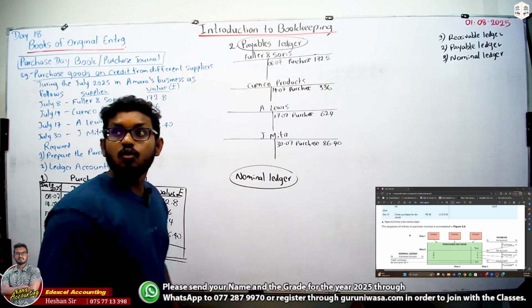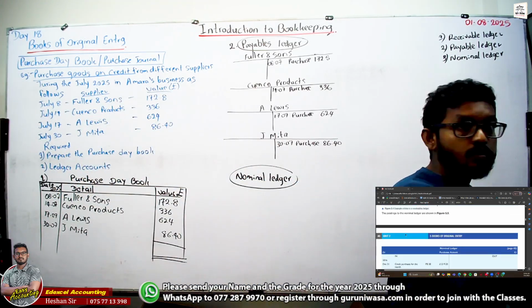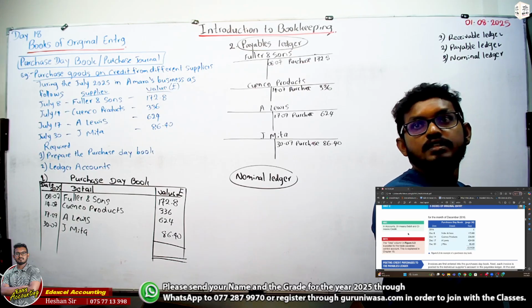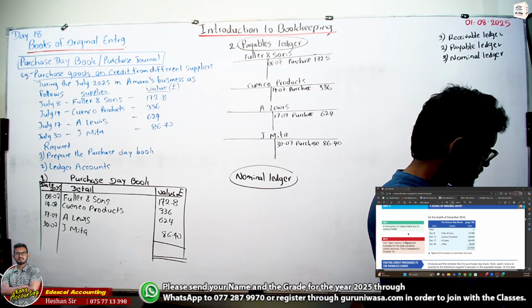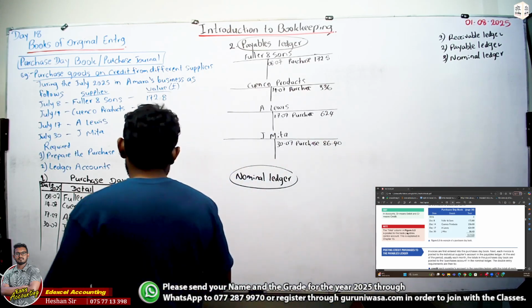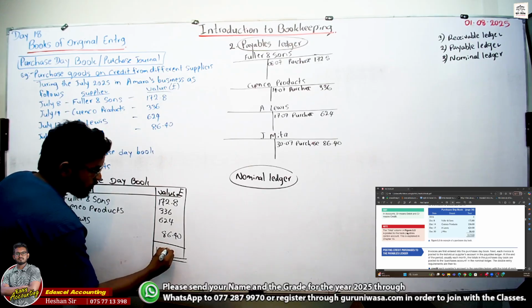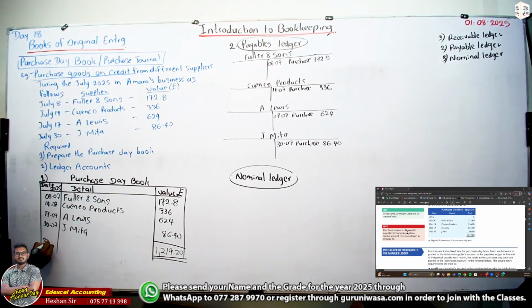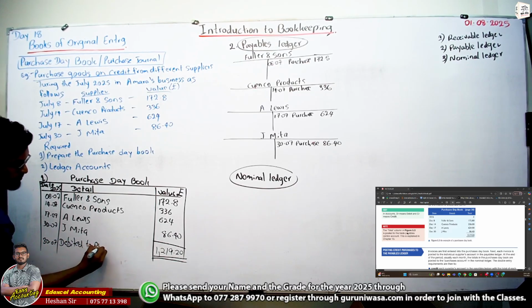You can see the total in here is 1219, 121920. On 30th of July, we write it as debited to purchase account. That's good. Debited to purchase account.